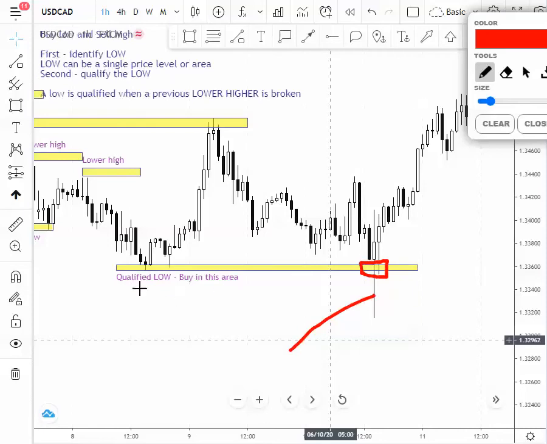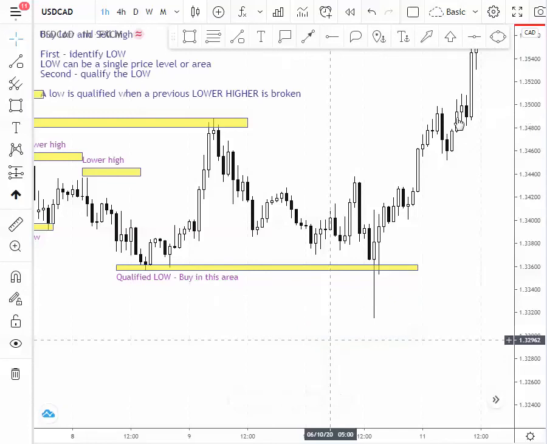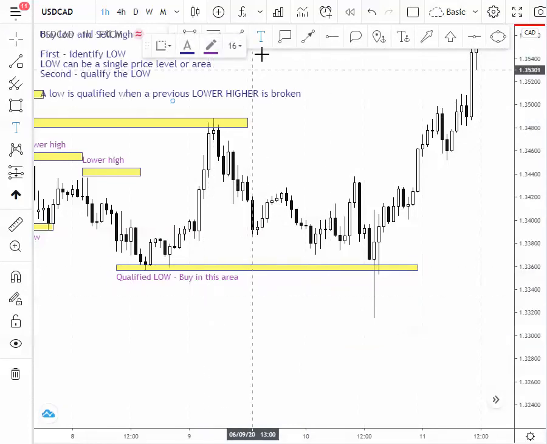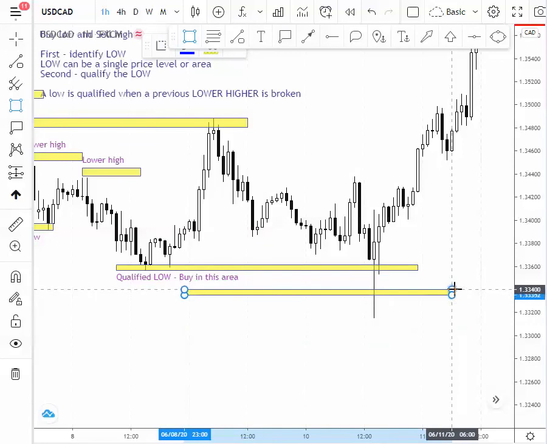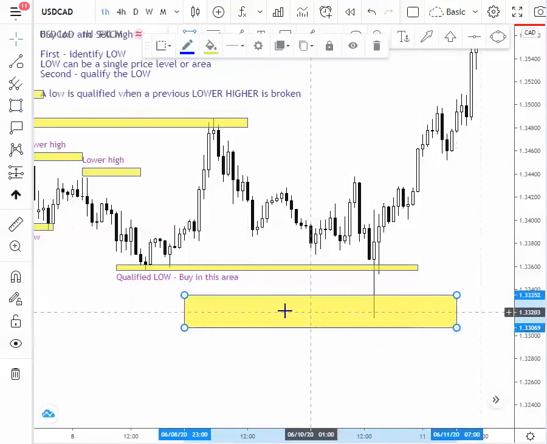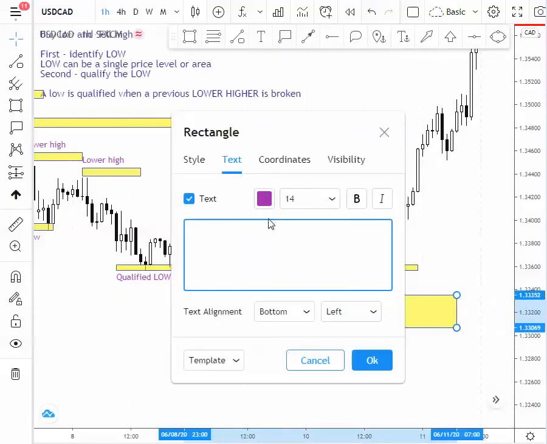And what I would have identified is anything below this area would be my stop area. Let's call this stop area.